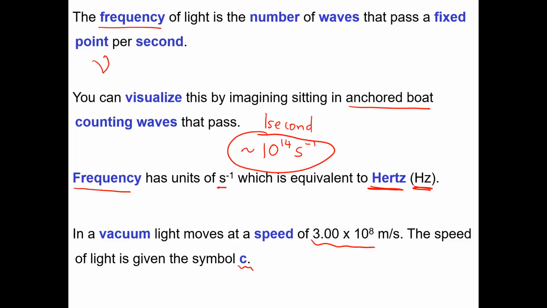But in vacuum, light moves at 3 by 10 to the 8 meters per second. I guess if you want to be really fancy and you want to give this out to 5 sig figs, I believe to 5 significant figures, it's 2.9998 by 10 to the 8 meters per second. But I'm more than happy if you just use the speed of light to 3 significant figures.